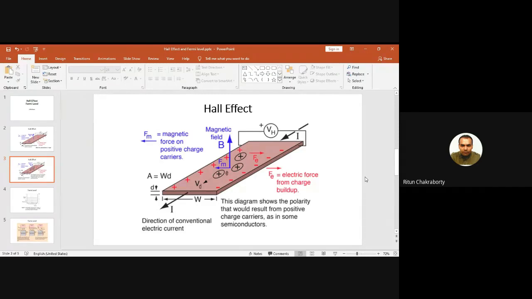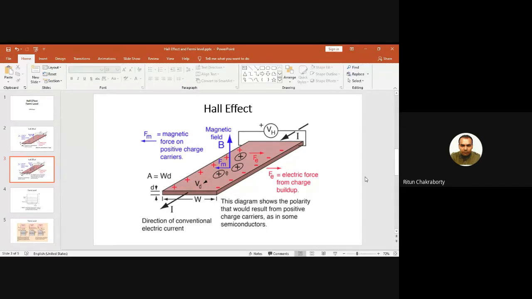Then there are again some mathematical steps. From equation 1, we have that Jx is equal to nq Vx. What is Jx? It is current density. Current density means current per unit area, so J is equal to I over A, where J is current density, I is the current, and A is the area of cross section of the material.